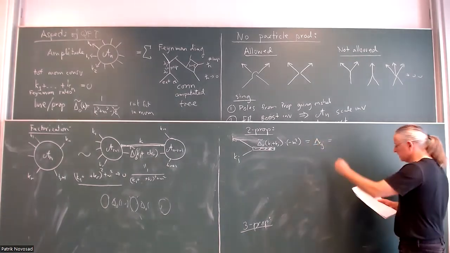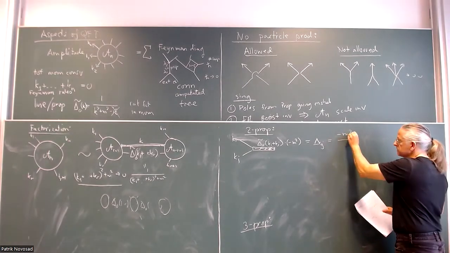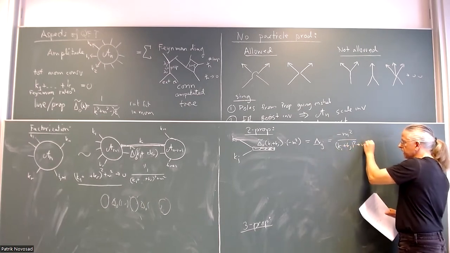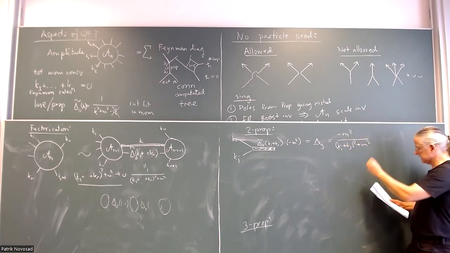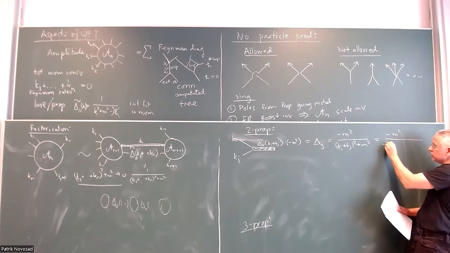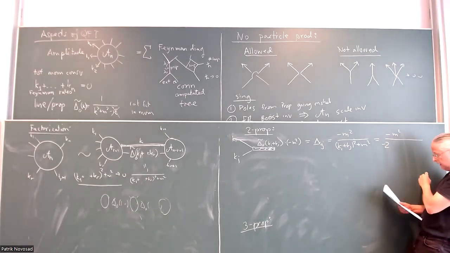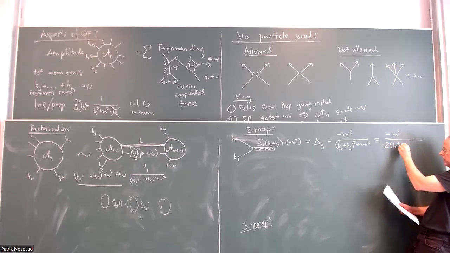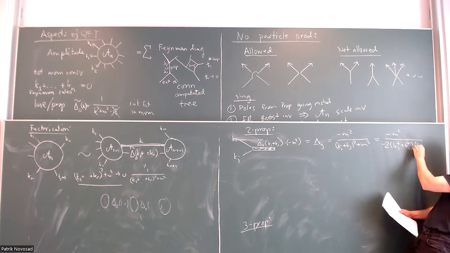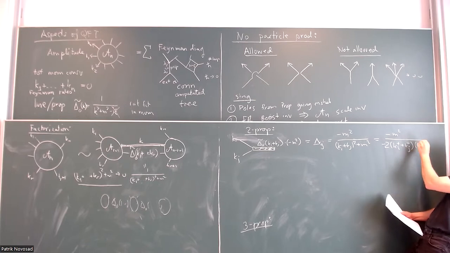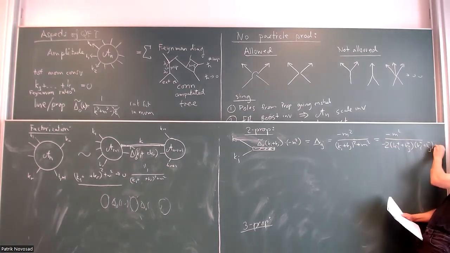And this becomes, according to the rules, m squared over (ki plus kj) squared plus m squared. And so this is the same as minus m squared over minus 2. I guess I already deleted my metric, but it will be k plus i plus ki plus kj, times k minus j, plus m squared.